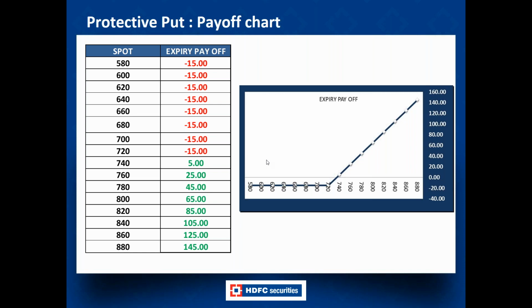Protective put has been used by many of our smart investors trading in MTF, trading in futures. In this kind of volatile scenario, they also buy one put option so that if there are any whipsaw movements, they are still very much in the market, and they are fearless because they know they have the put option with them, so they can hold for a longer period of time.